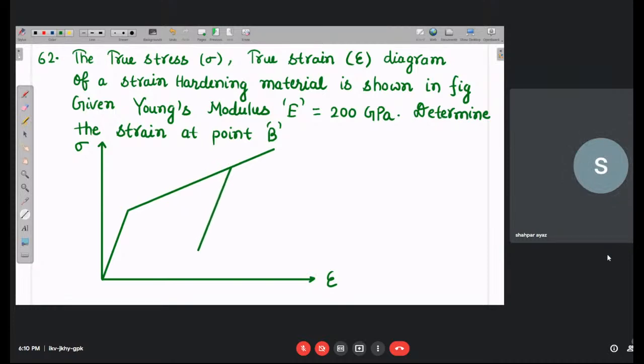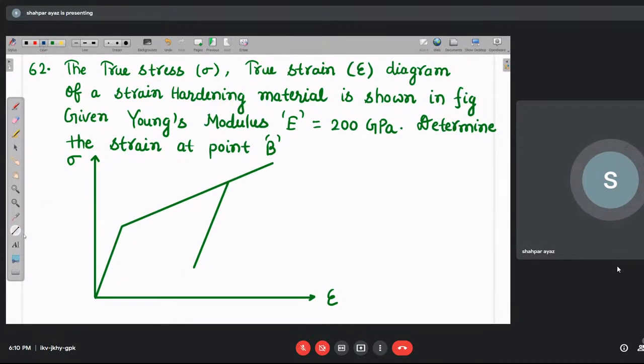It means it is loaded like this, then it goes like this till here, and is unloaded like this. See, it is like this.